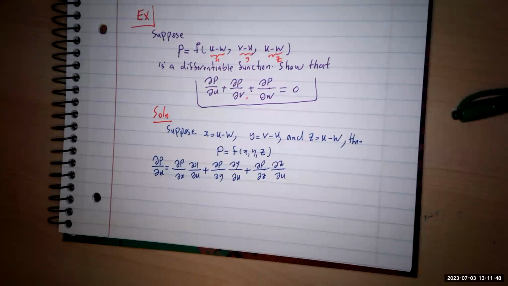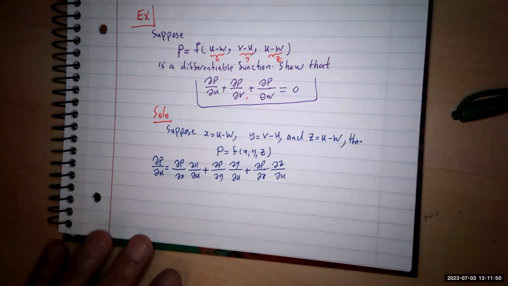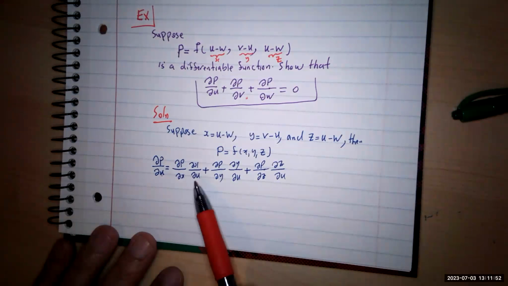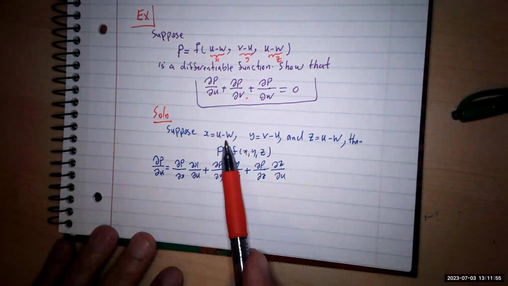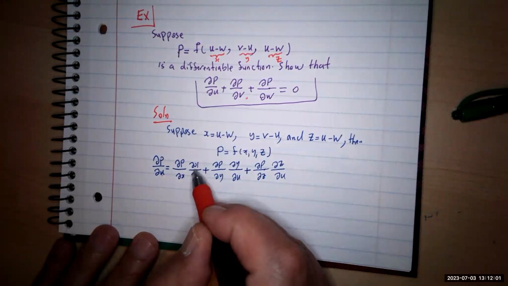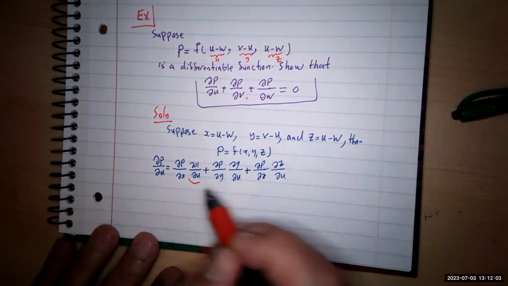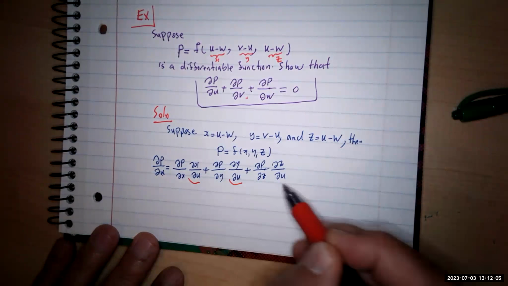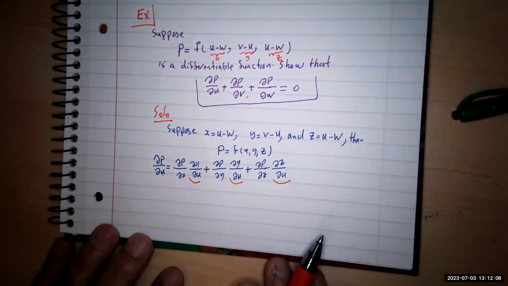So what do you have? I just explained this first one. You have ∂X, ∂Y. Just remember that you have to find these quantities.